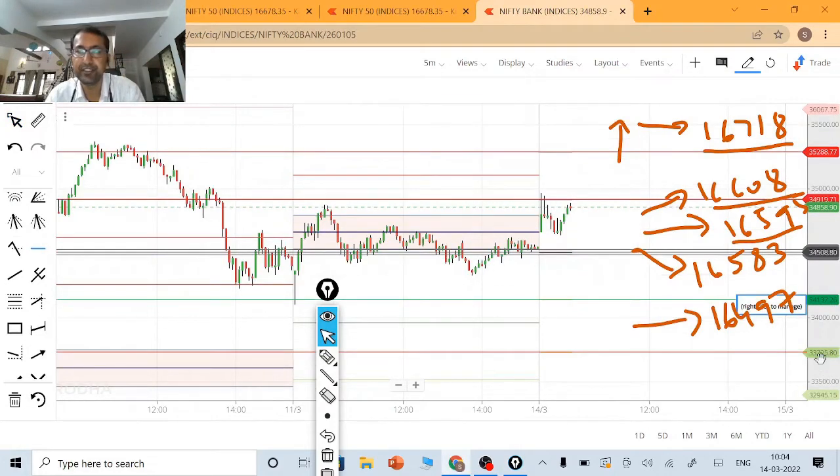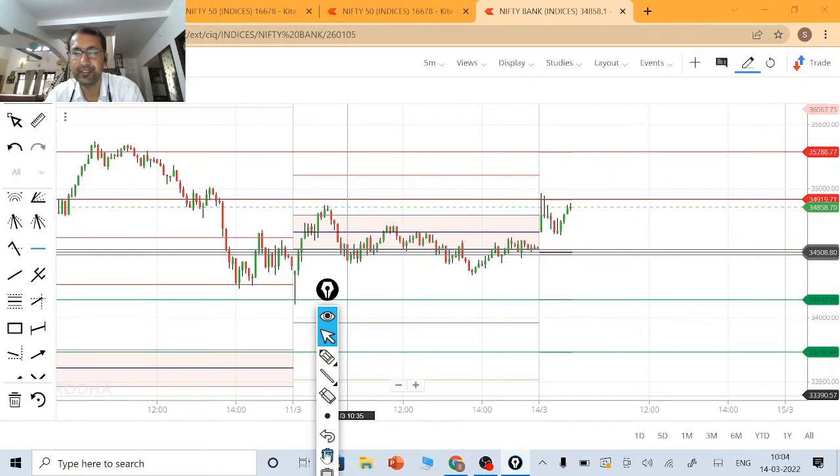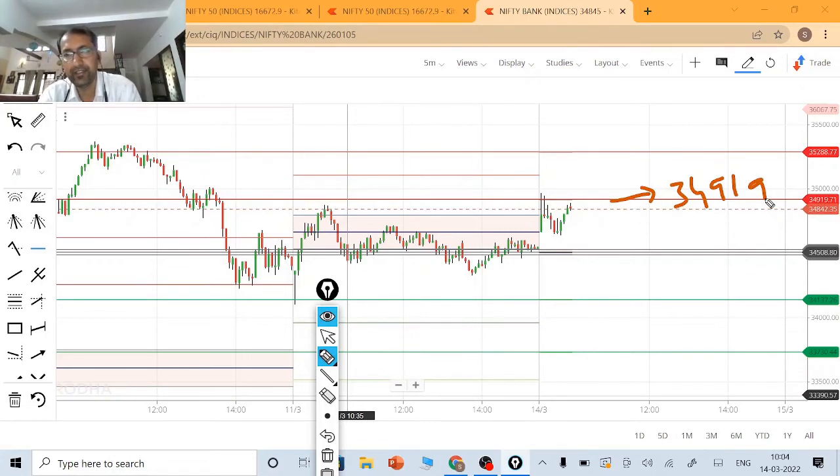Bank Nifty level. Okay, if you see at this point, 34,919. So that is the immediate resistance. If it takes out that, then we may have an upper level of 35,288.